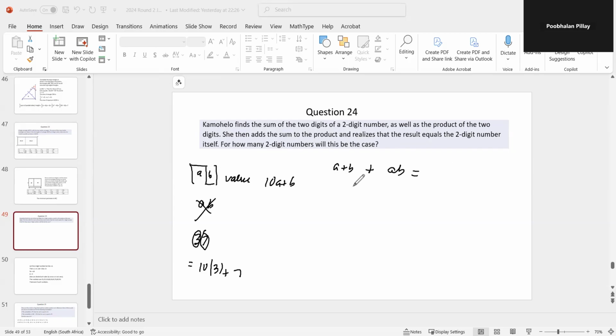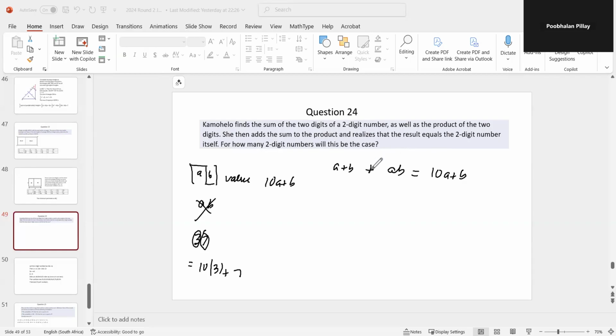Now this two-digit number is 10A plus B. So there it is, you've got a formula. When you read it like this, you see you get a lovely formula: A plus B plus AB equals 10A plus B. So you need to calculate how many such numbers there would be.